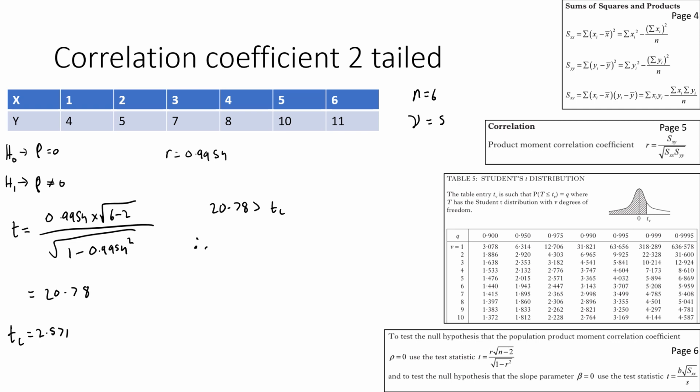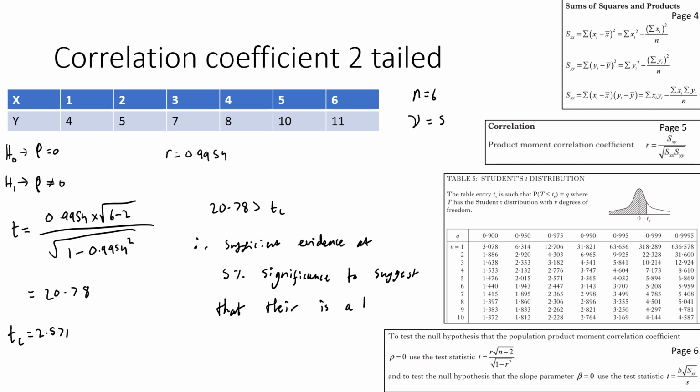Therefore, there is sufficient evidence at 5% significance to suggest that there is a linear relationship between the variables.